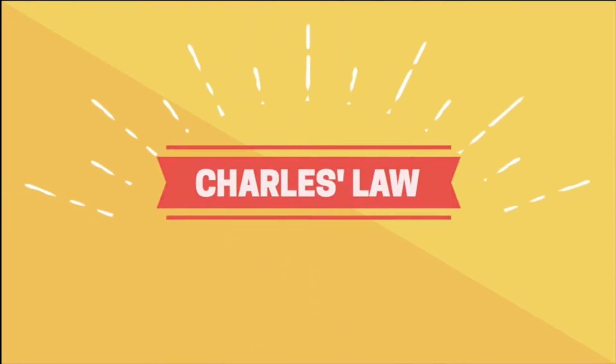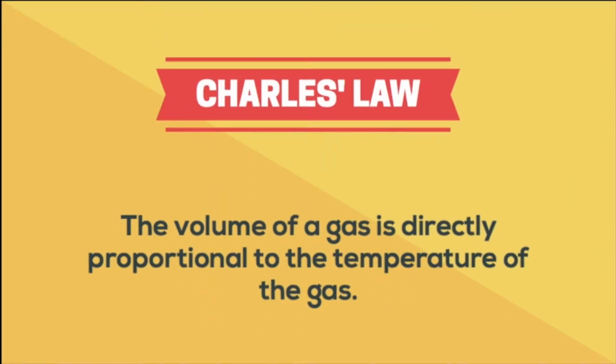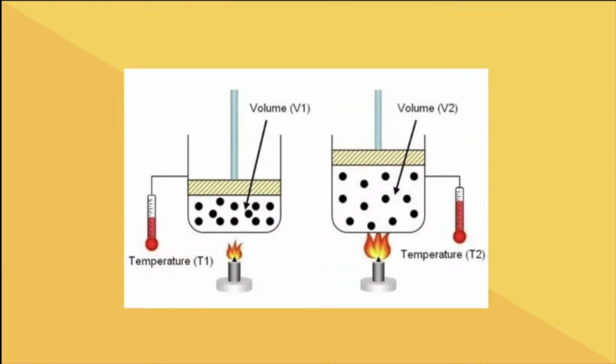Let's begin with the popular gas law, Charles' gas law. According to Charles, the volume of a gas is directly proportional to the temperature of the gas. It states that volume and temperature of a sample of gas are directly related when all other factors are kept constant.